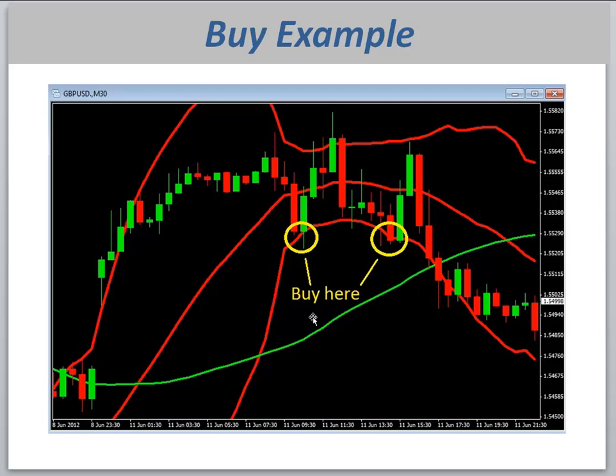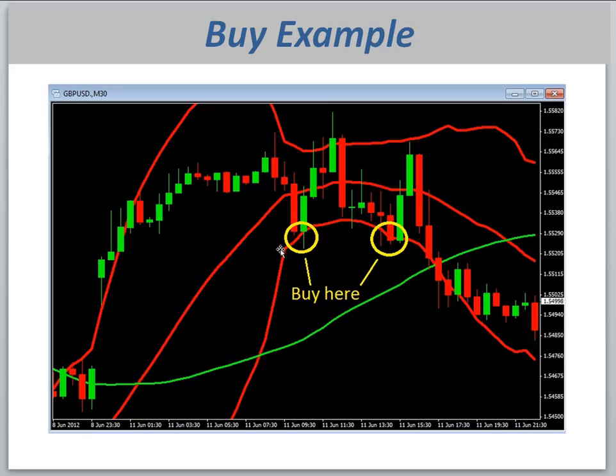So we see we have this positive momentum. The trend was still moving higher. There was an uptrend in the pound dollar, but it had a shorter-term sell-off. So we're going to be buying the pound dollar when it's trading above the green line, when its longer-term trend is still there, but it has a shorter-term sell-off.